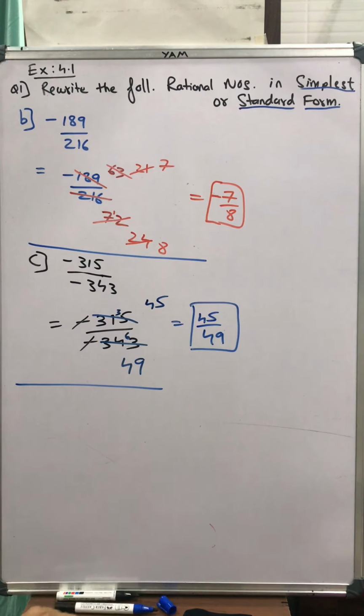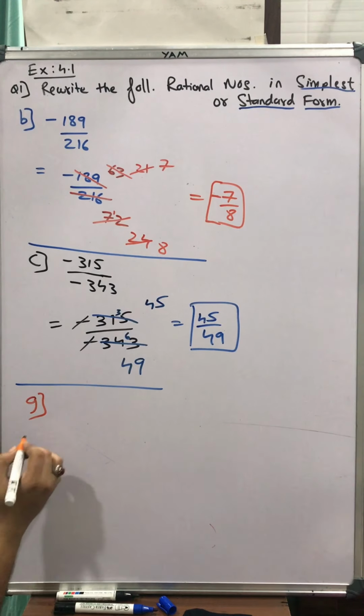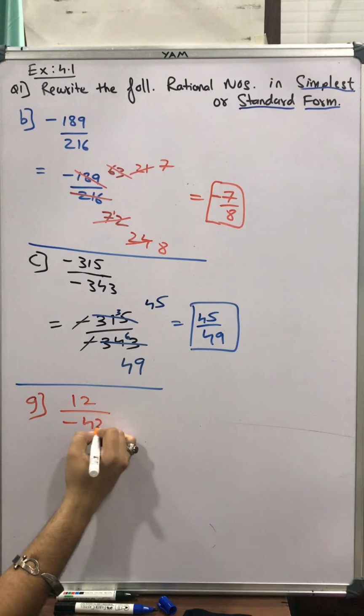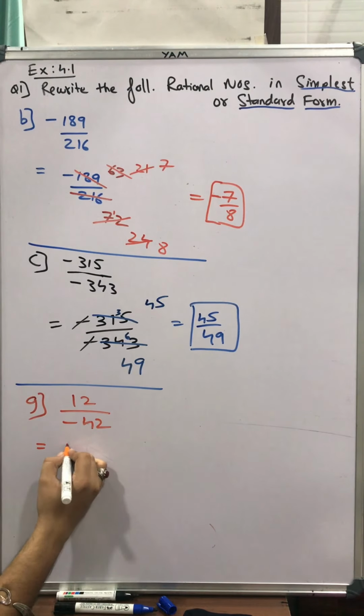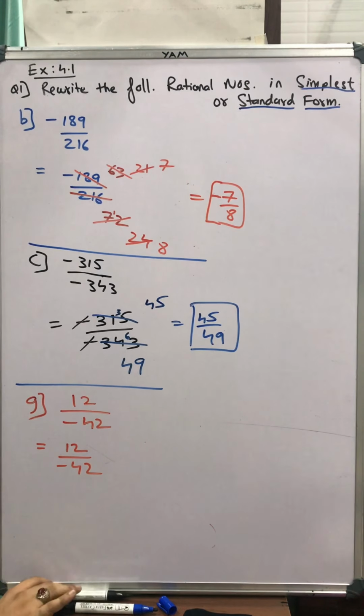Now moving on to the next question, students. It is sub question G. The question says 12 upon minus 42. First let's copy the question. Students, now you all tell me how to proceed.